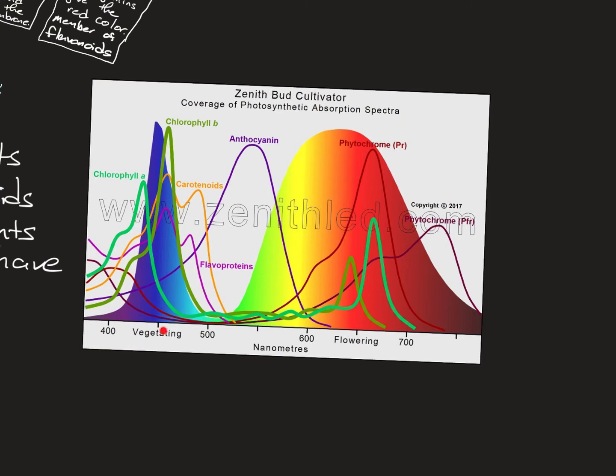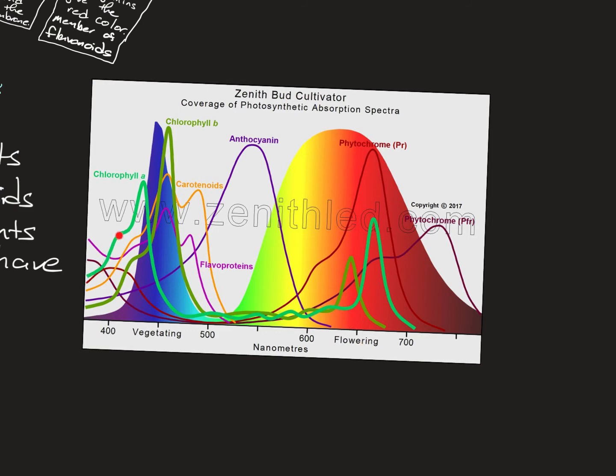But if you can see, here's vegetating or growing plants, right? You have a lot of vegetative plants. Here, some plants flower. Flowering plants tend to have these pigments and collect at this wavelength of light.